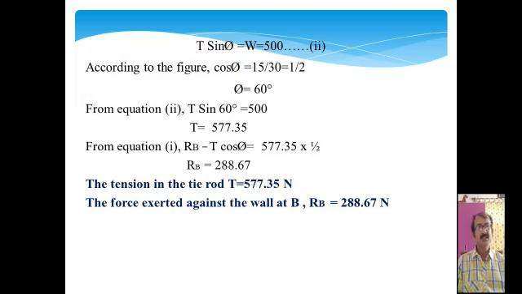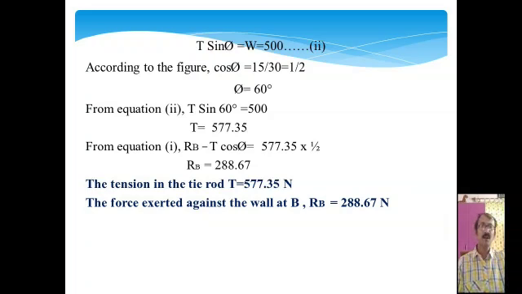So T sin phi equals W equals 500, the weight. According to the figure, cos phi equals 15 by 30, that is half, so the value of phi equals 60 degrees. So from equation 2, T sin 60 equals 500 and T equals finally 577.35.